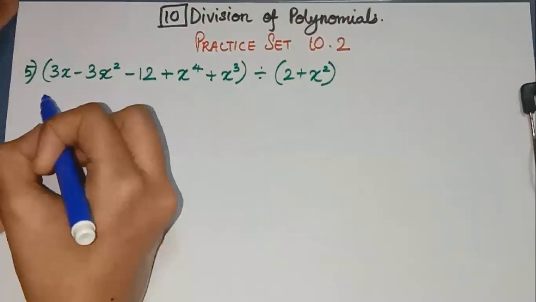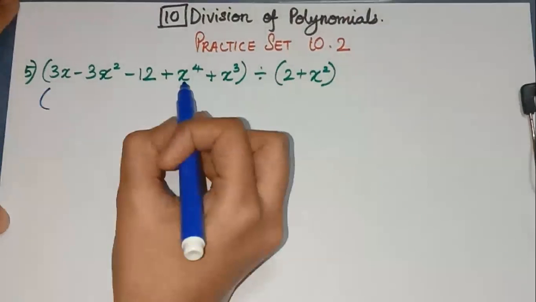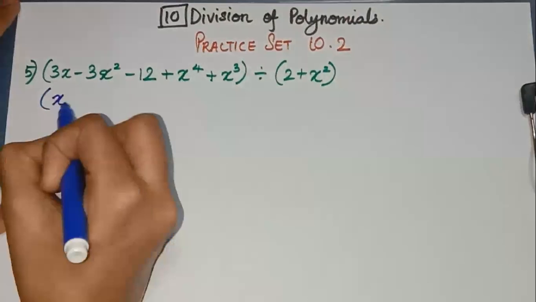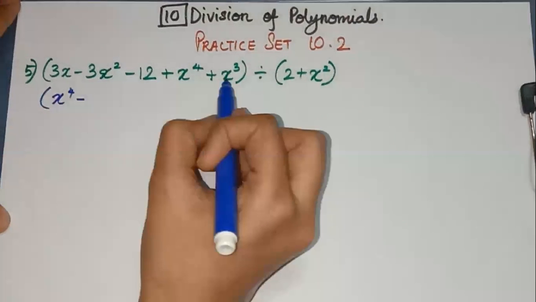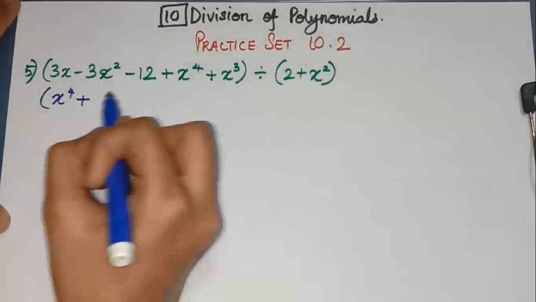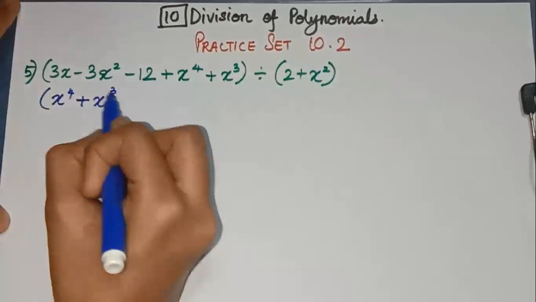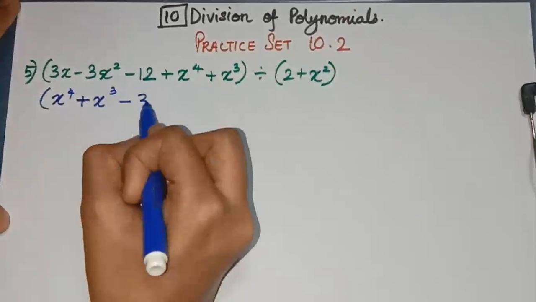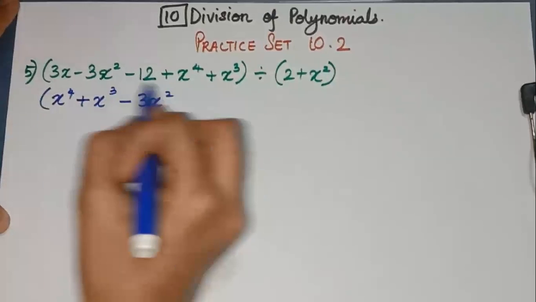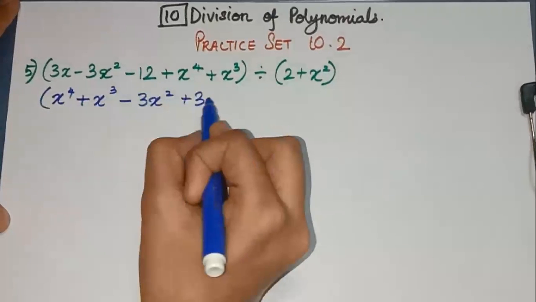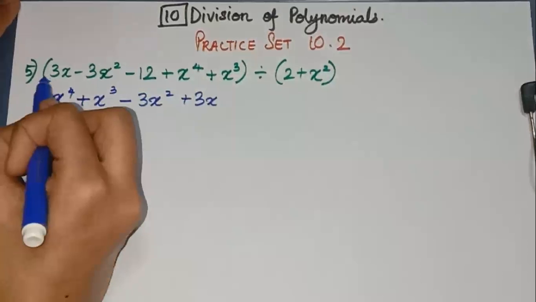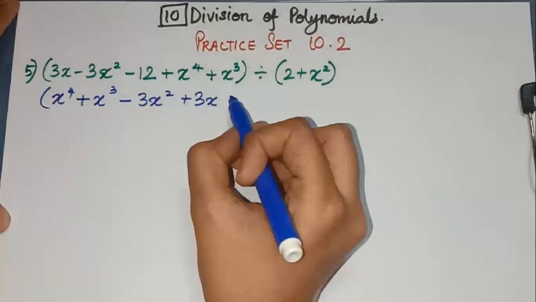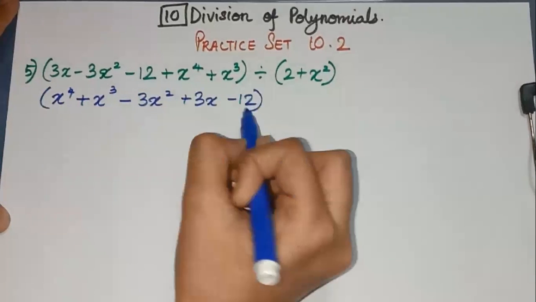Okay, so I will write the highest power first, that is x raised to 4, plus x cube minus 3x square plus 3x, there is no sign over here, that means there is a plus sign. Okay, and lastly minus 12.